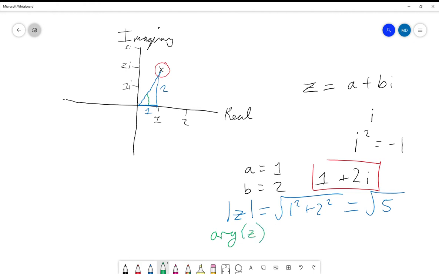And the argument of z is the angle here, and the angle, well, we can think of it again in terms of a right angle triangle, so it's going to be arctan of 2 over 1, opposite over adjacent for tangent, and that will give us a number which I haven't calculated yet. Give me a moment.